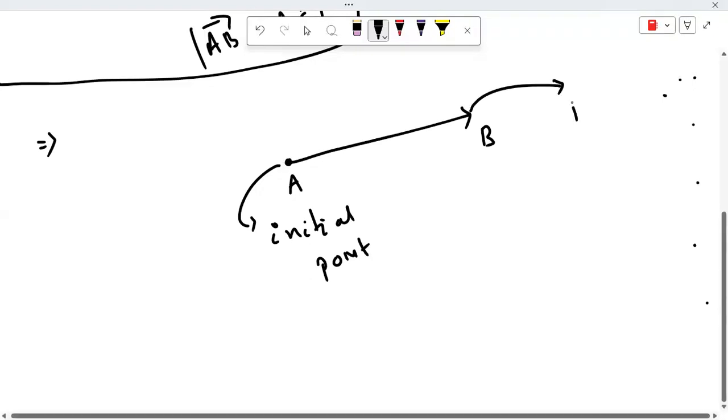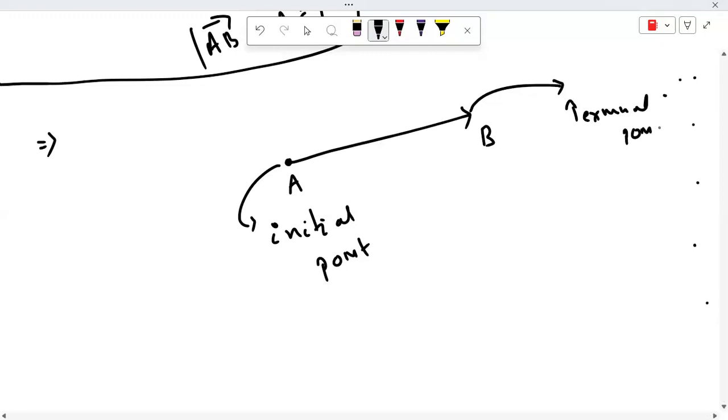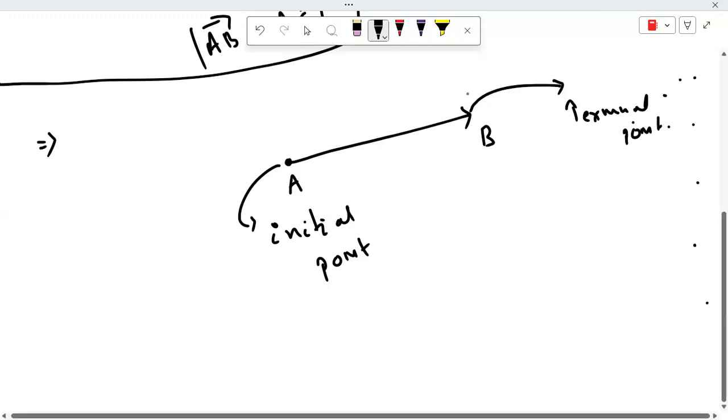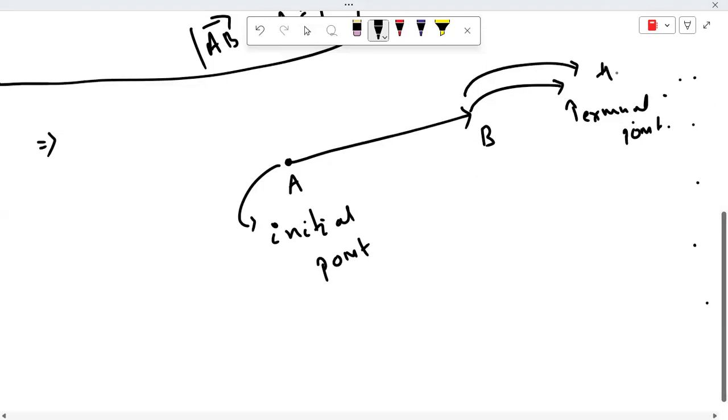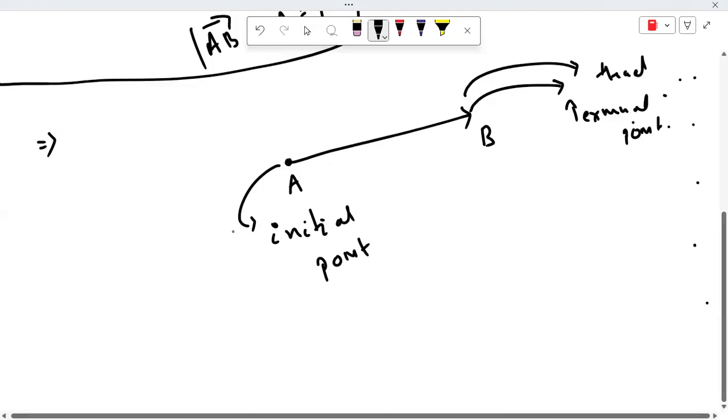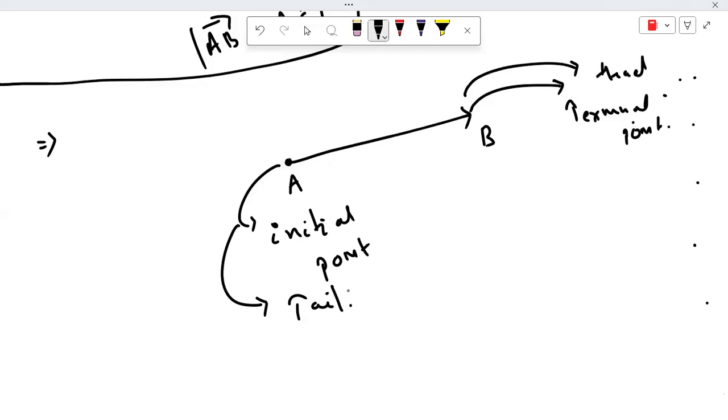This is known as the terminal point. In physics, you must have known this as head and tail, right? But in maths we generally speak of terminal point and initial point.